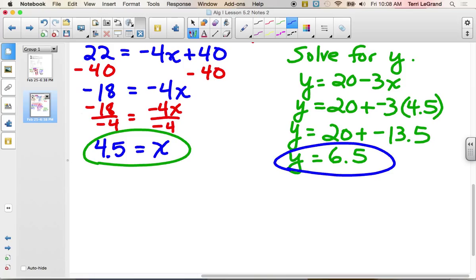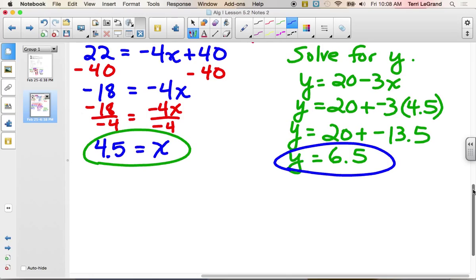That's 6.5. In other words, we just found out the price of a used DVD, and it is $6.50.